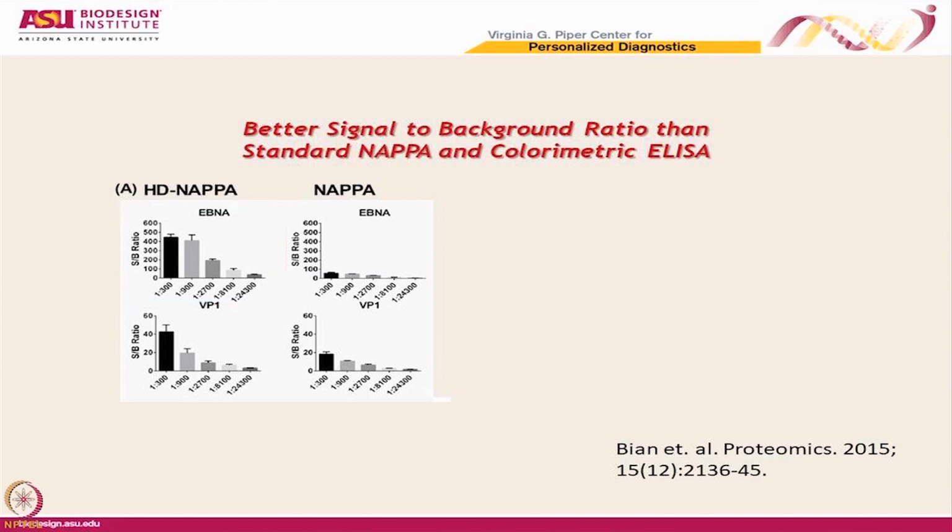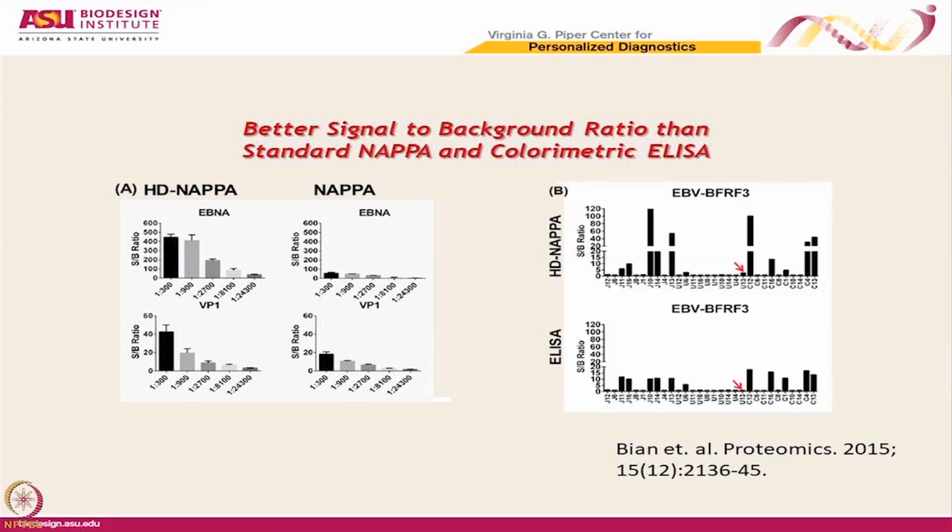Yeah, so this is EBNA up here. This is VP1 down here. So these are two different antigens, and you can see that the signal intensity by dilution is much better for the HD than this. We even compared the HD NAPA to ELISA. So you would think that ELISA, being a full-scale chemical method in a 96-well tube, should be much better in expression.